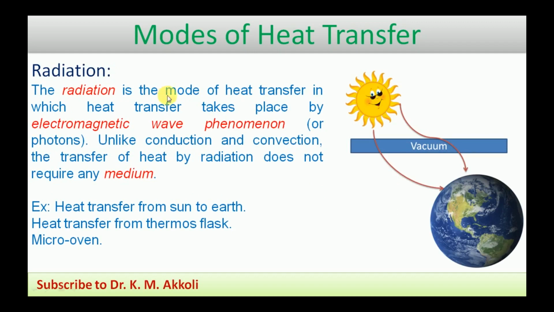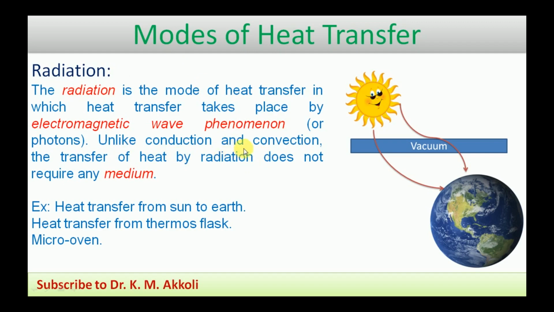Third one we will take, that is radiation. Radiation is the mode of heat transfer in which heat transfer takes place by electromagnetic wave phenomenon or photons. Electromagnetic waves are there, and through those waves the heat transfer is taking place.